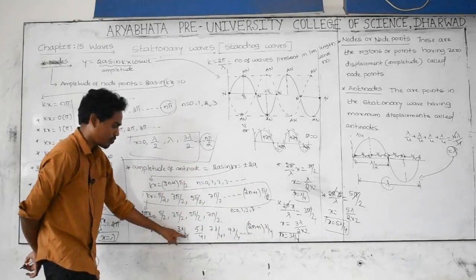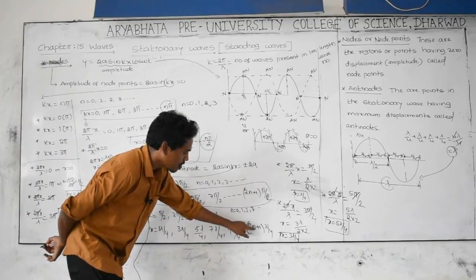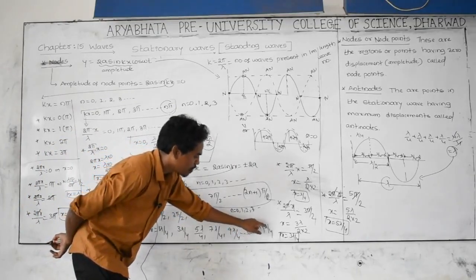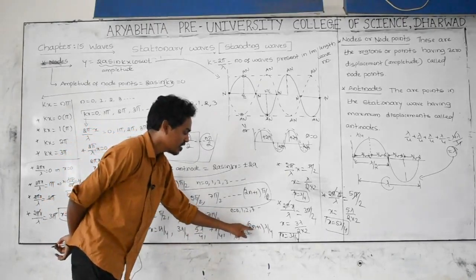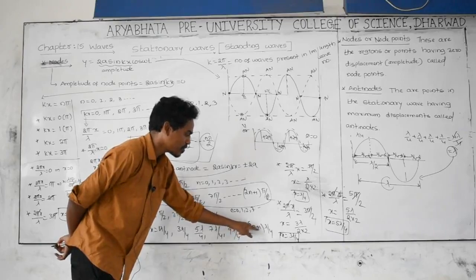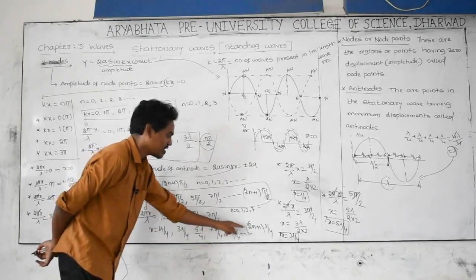Substitute n is equal to 2, 2 into 2 is 4 plus 1 is 5, 5 lambda by 4. Next substitute 3, 2 into 3 is 6, 6 plus 1 is 7, 7 into lambda by 4, and this is the general equation.